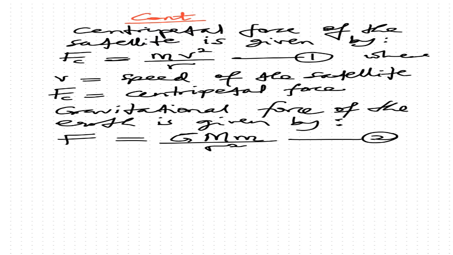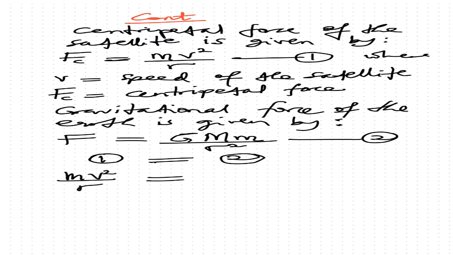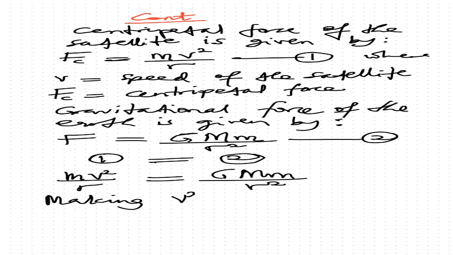But because the centripetal force is provided by the gravitational force, we can say that equation 1 equals equation 2, meaning the centripetal force and the gravitational force are equal. When we equate them, what do we get? We get mv squared over r equals GMm over r squared. Let's try making v squared the subject here.